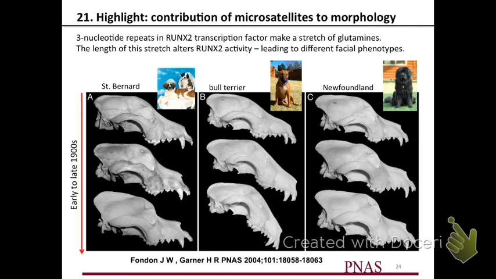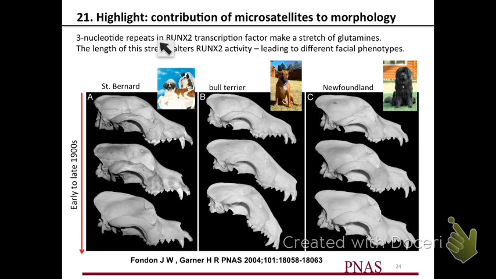So for example, a 3-nucleotide repeat, if it is inside a gene, then it would change the protein sequence, right? If you have 10 repeats of that 3-nucleotide encoding for an amino acid, you would have 10 of that amino acid. If you have 15, then you would have 15 of that same amino acid, right? For example, if this occurs in a transcription factor, and here we have an example of the RUNX2 transcription factor.